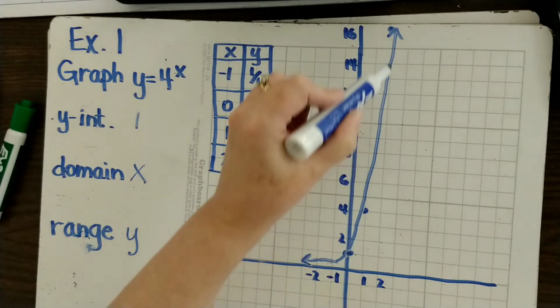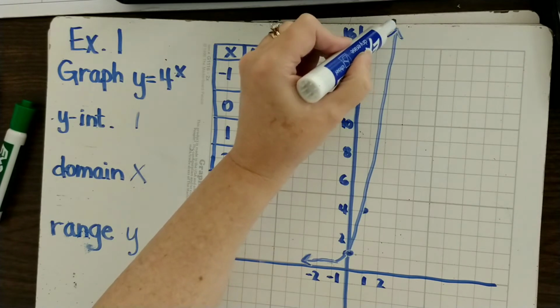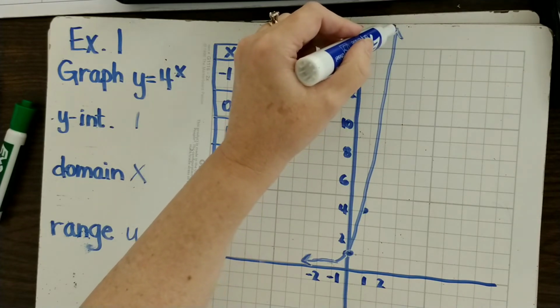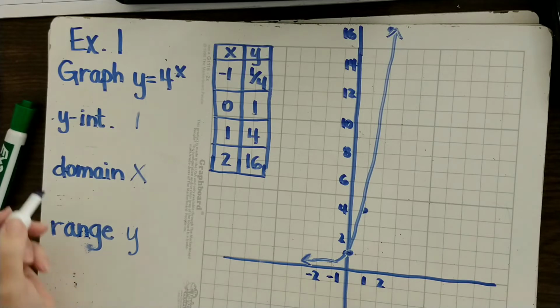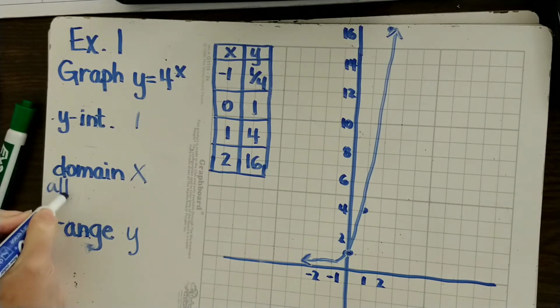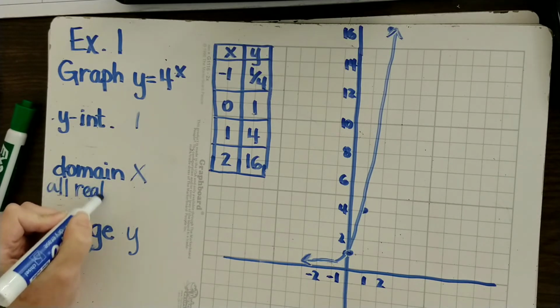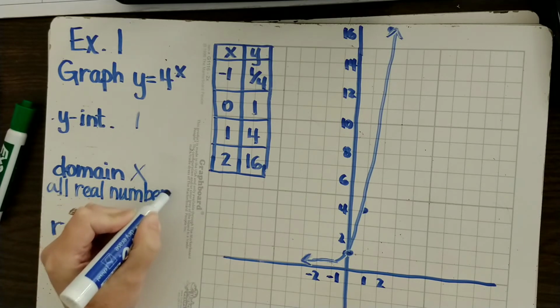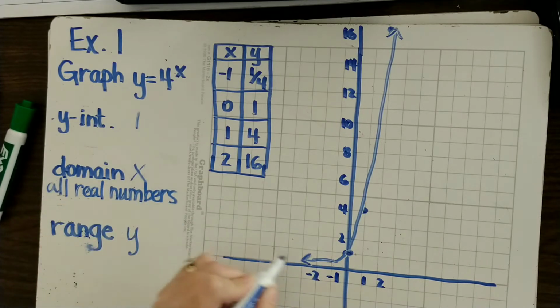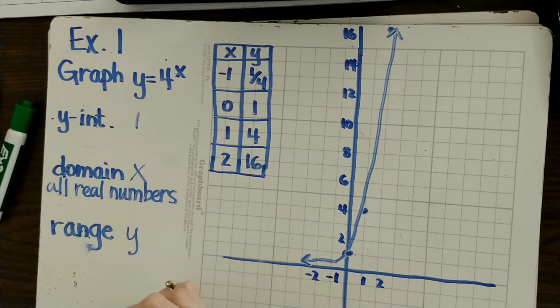And if you look at the end of our graph on the right, it continues to go up. So we could say that our domain is all real numbers because they will be negative and they will be positive.